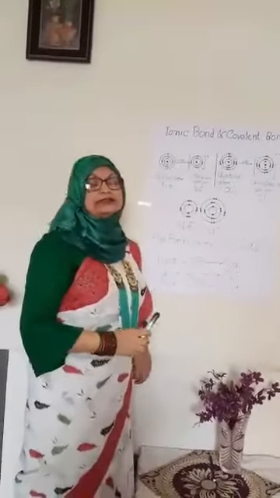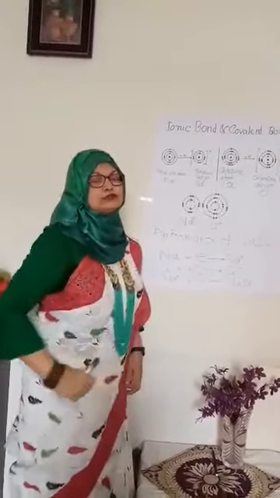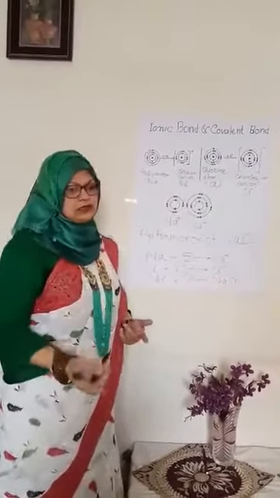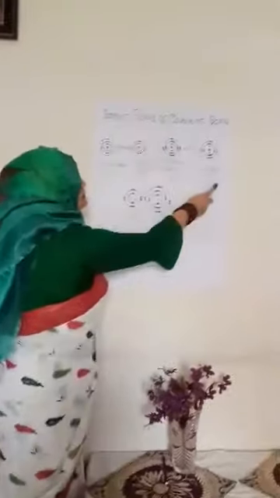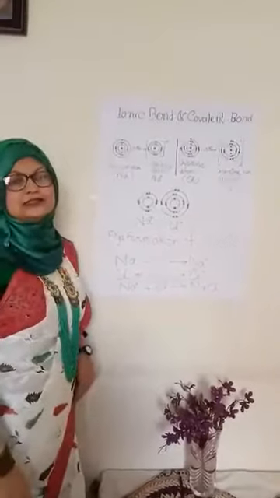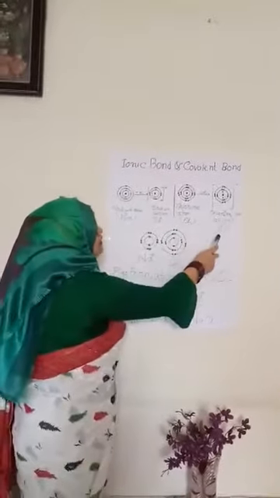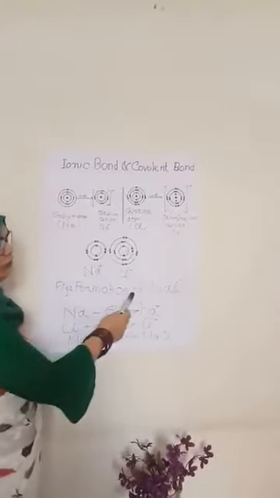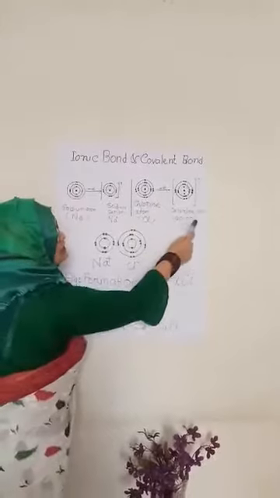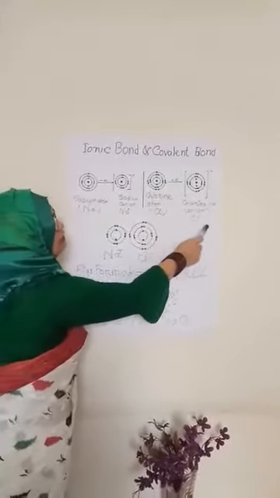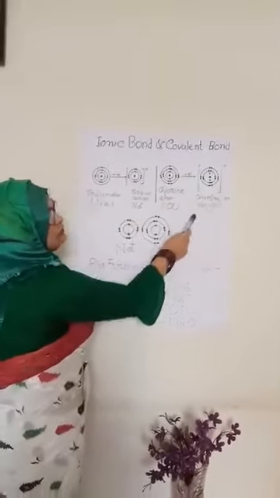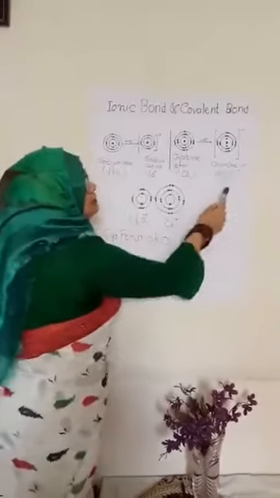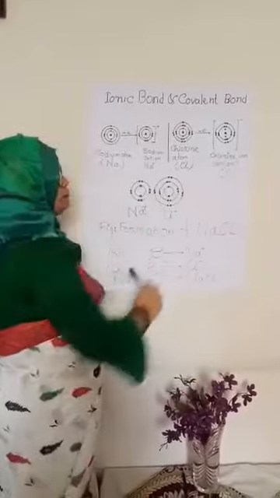And when it gains 1 more electron from another atom, it shows the structure of inert gas, and this is argon. When chlorine atom receives 1 electron, then it gains negative charge and it is called chloride ion, that is anion. You have already known that anion means gaining negative charge.